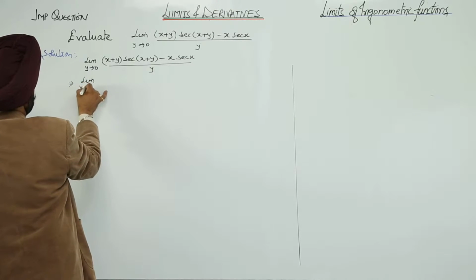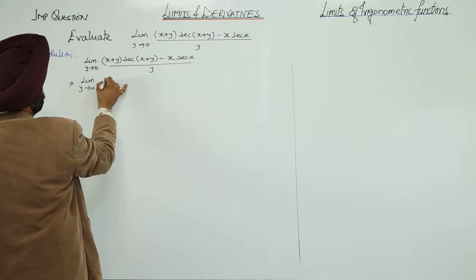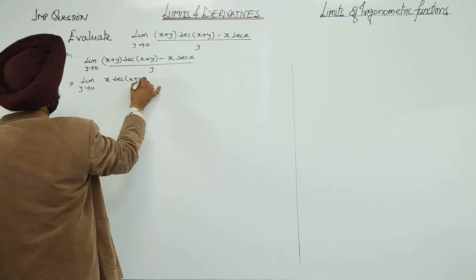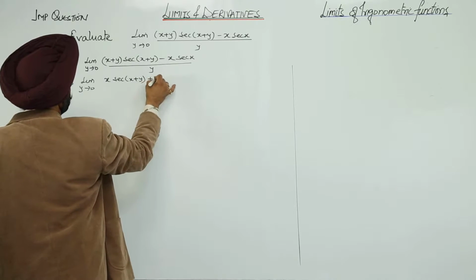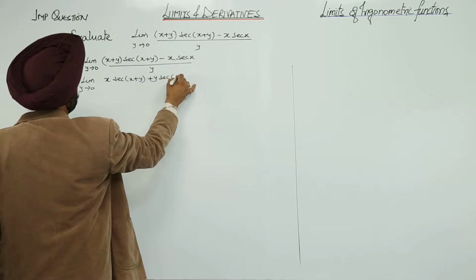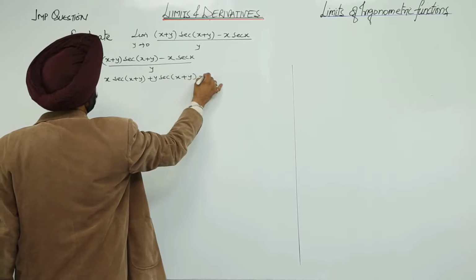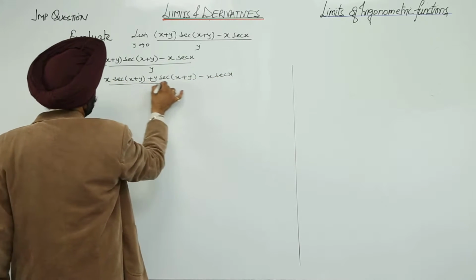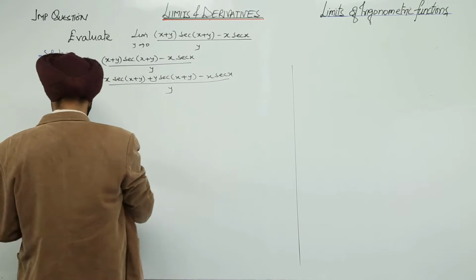Now to this what we can write is limit y approaches 0, x secant x plus y plus y secant x plus y minus x secant x upon y.